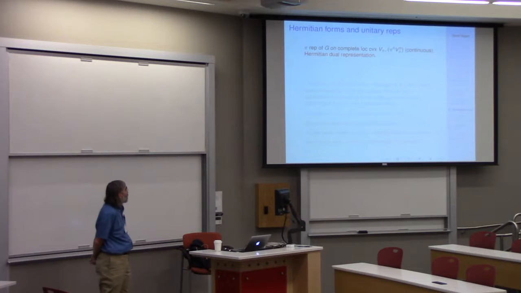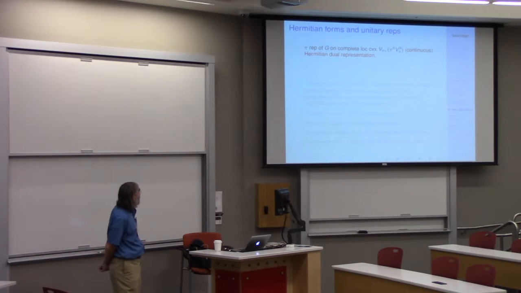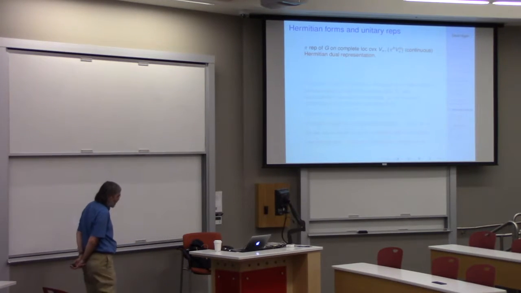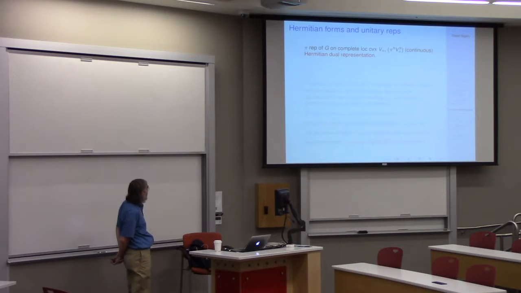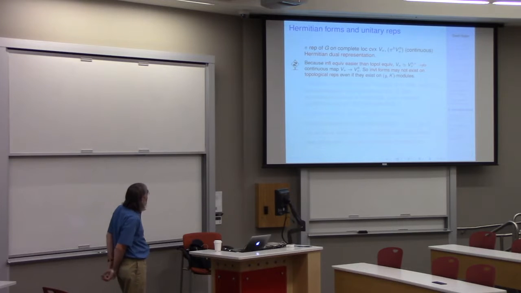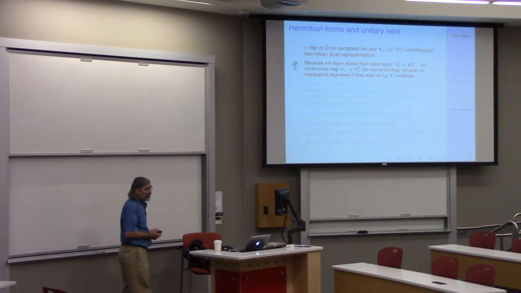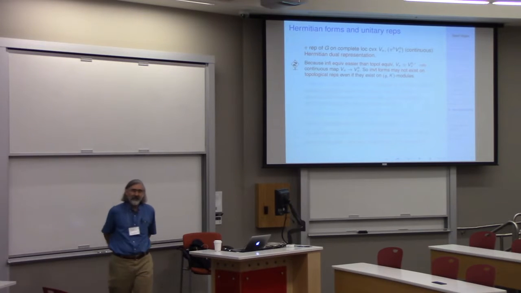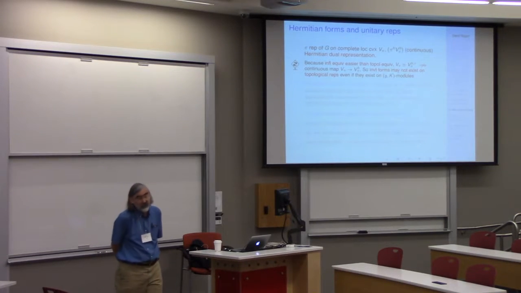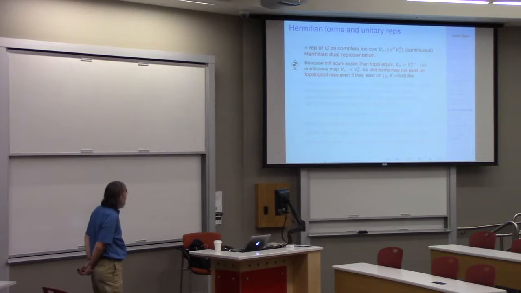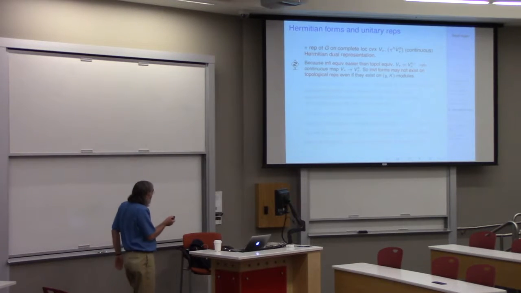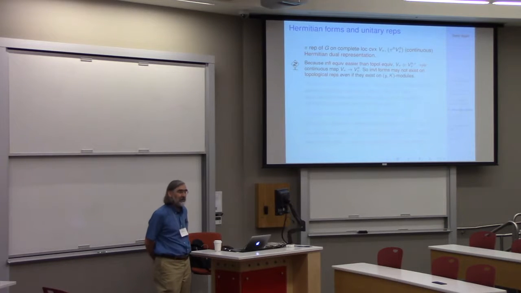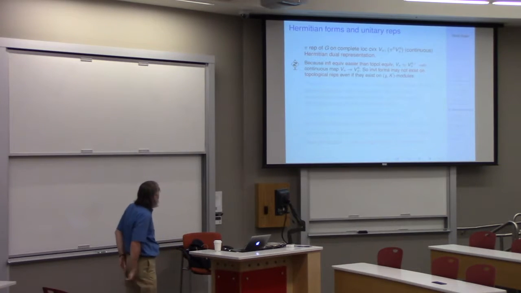So remember, we had a notion of Hermitian dual representation, and there's a dangerous point. The notion of equivalence that we're using for quasi-simple representations, infinitesimal equivalence, means that the Harish-Chandra modules are isomorphic.